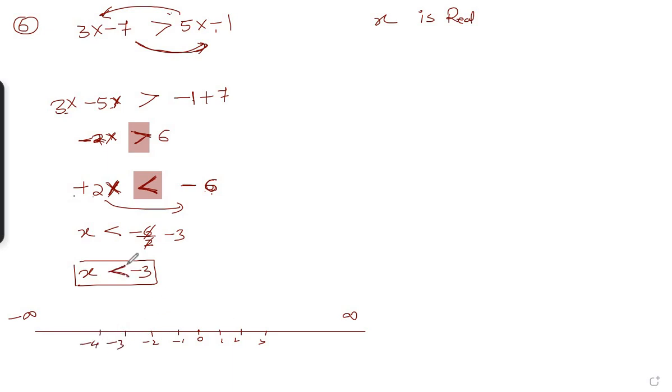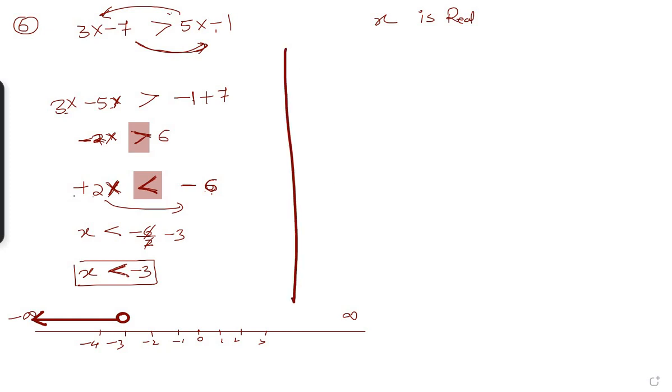We need less than, be careful, less than minus 3. So it will be on the left side. So minus 3 is not included, hollow, and the arrow will go this side. Be careful, the arrow will go this side. Understood? So this is my solution. I hope you understood.